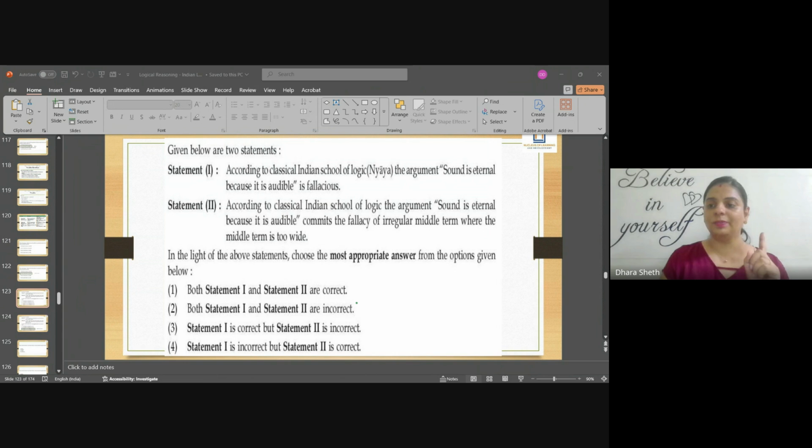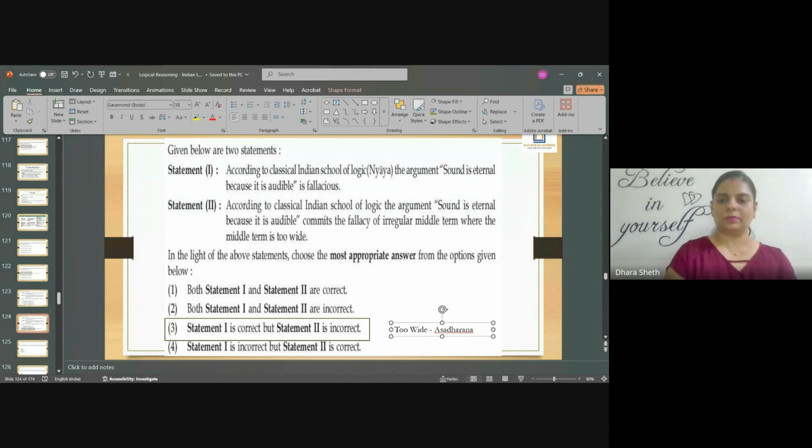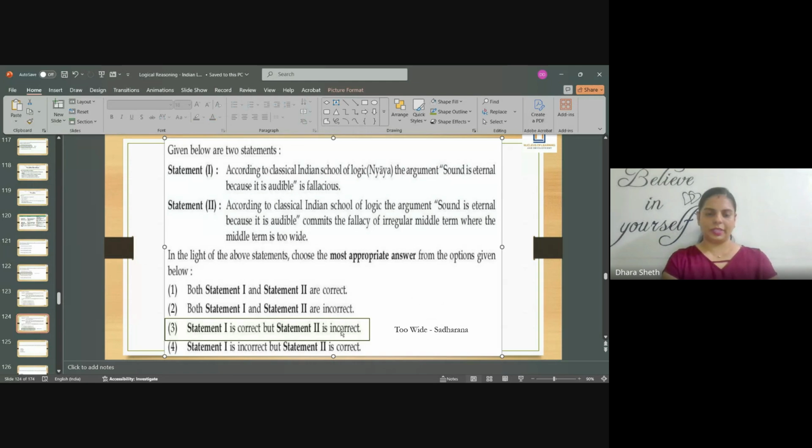It commits the fallacy where the middle term is pervaded by the absence of major term. But irregular middle term and the middle term being too wide, that is Savyabhichar, Sadharan. It is not Viruddha Hetvabhasa. So statement 2 is incorrect. Too wide is Sadharan. Okay.